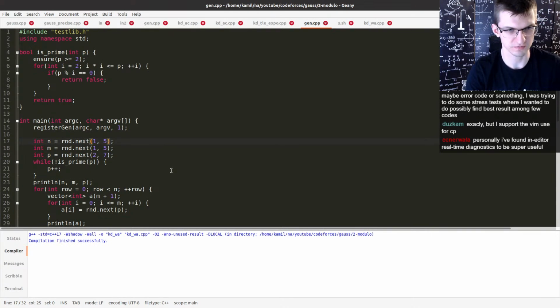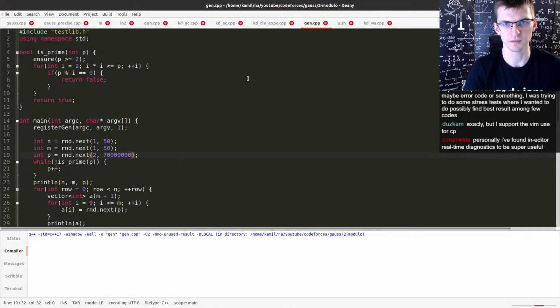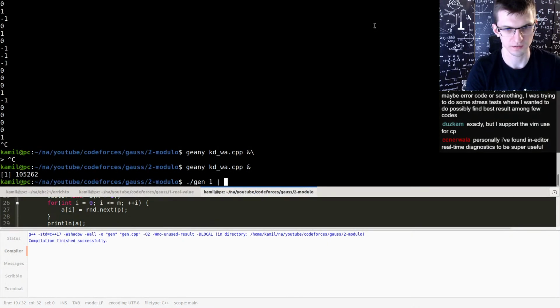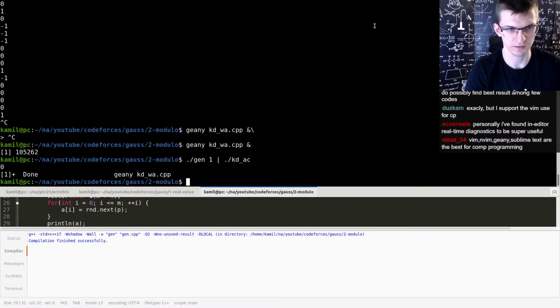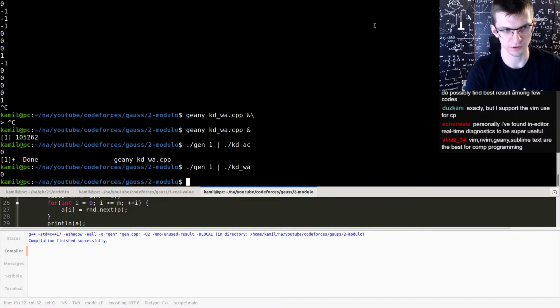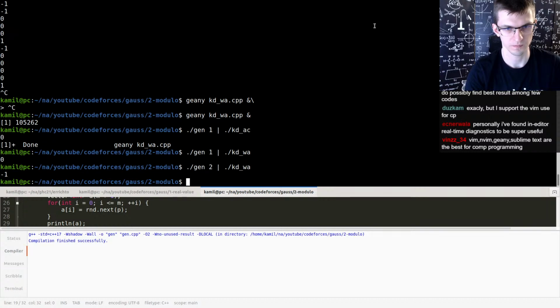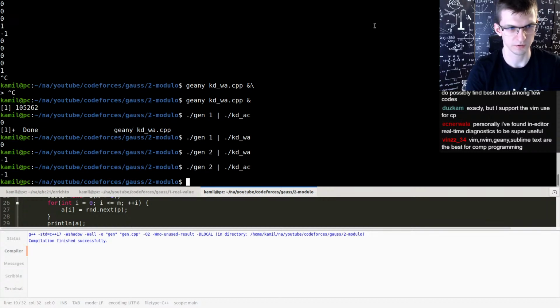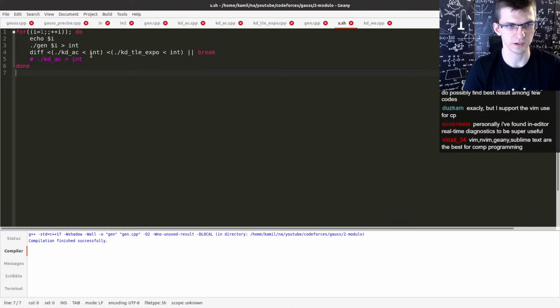Let's try this. I will use here values up to 50, and the prime will be big this time. And we are comparing the correct one with the wrong one. Yeah, and let's run this for a long time.